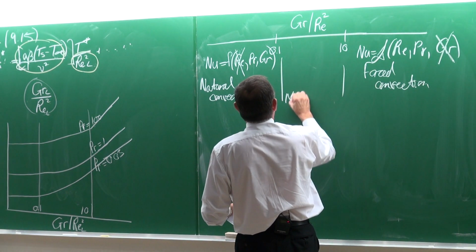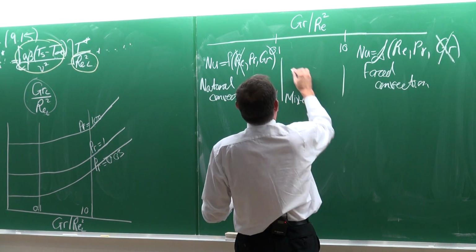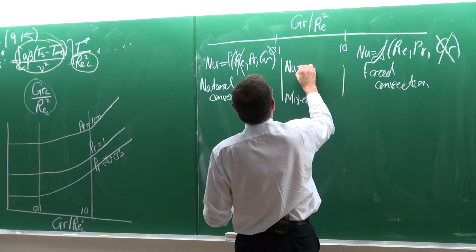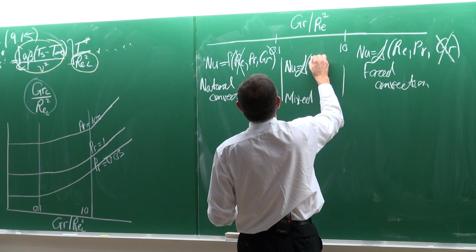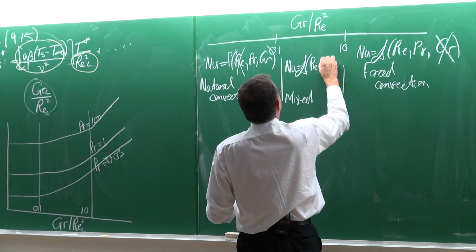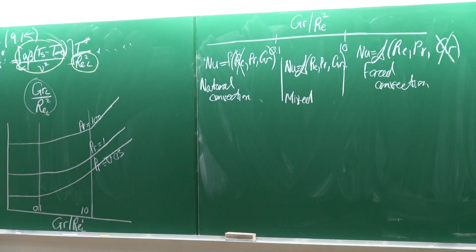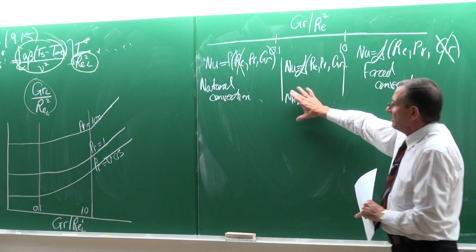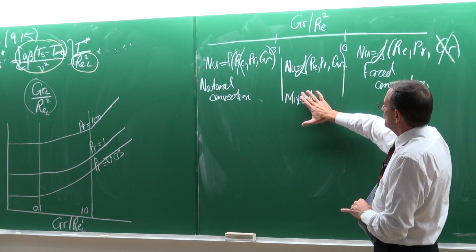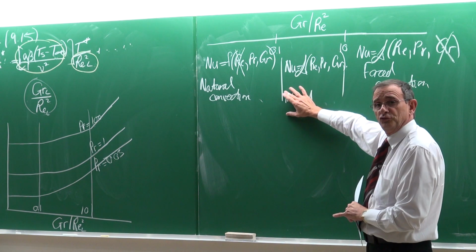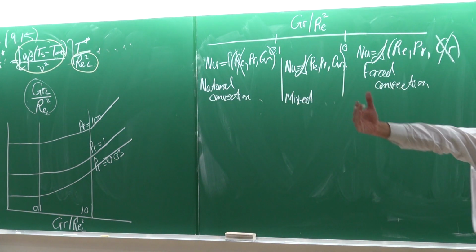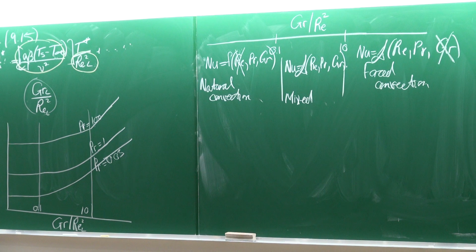Where we've got mixed convection, the Nusselt number is a function of Reynolds, Prandtl, and Grashof, all three. The mixed convection is also called combined convection in this textbook. Does that make sense, ladies and gentlemen?